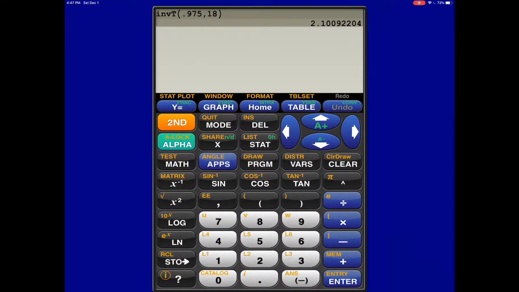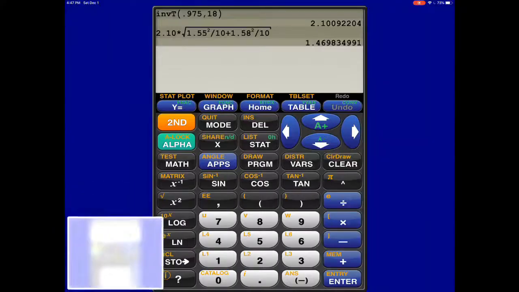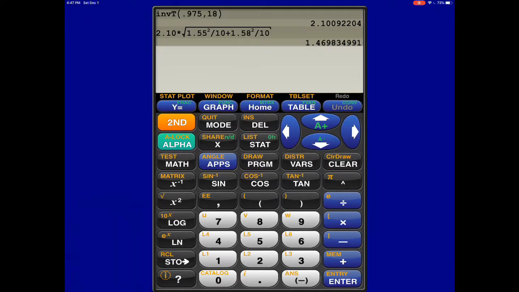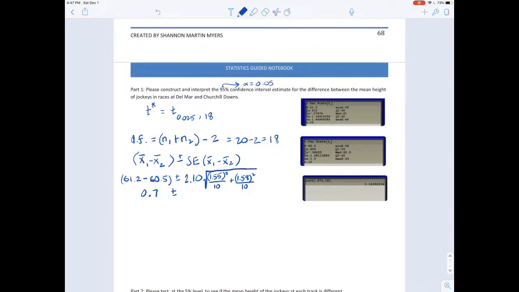And then plus or minus, coming back here, we'll say 2.10 times the square root of 1.55 squared divided by 10 plus 1.58 squared divided by 10. And let's see here, I get about 1.45. No, sorry, 1.47.